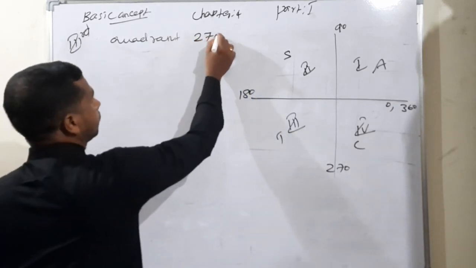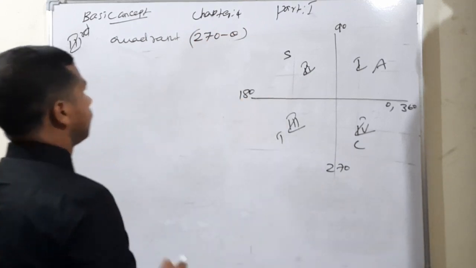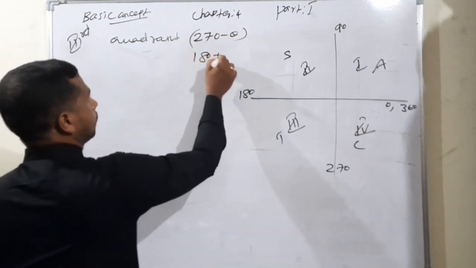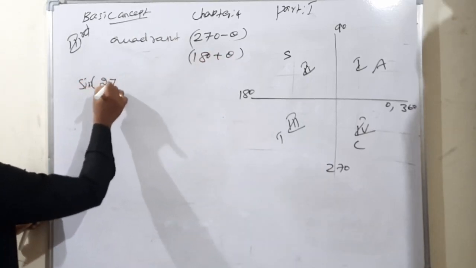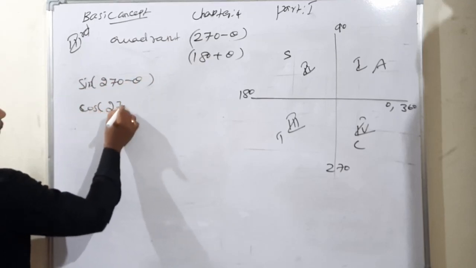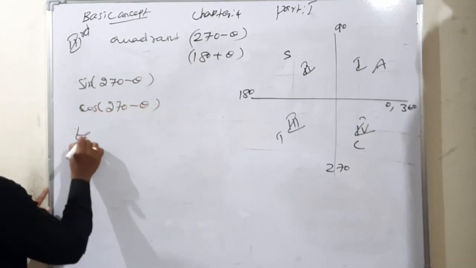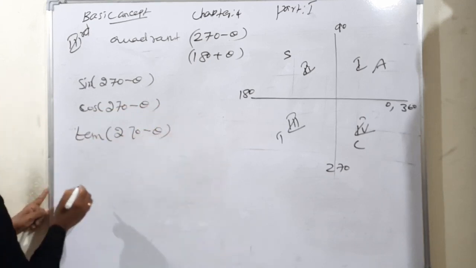Clockwise means 270 minus theta. Counterclockwise means 180 plus theta. Sin 270 minus theta, cos 270 minus theta, tan 270 minus theta.